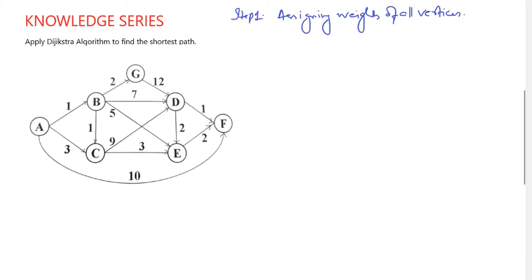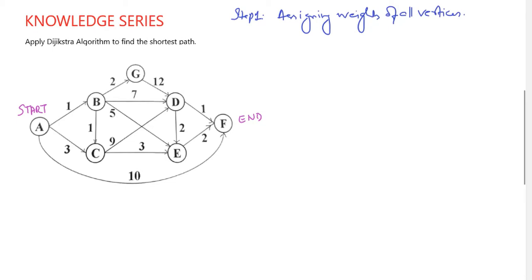When you try to assign weights, this particular vertex A itself shows as the start point and this is the end point, because every link is tending towards F, and from here links are emerging out from E.